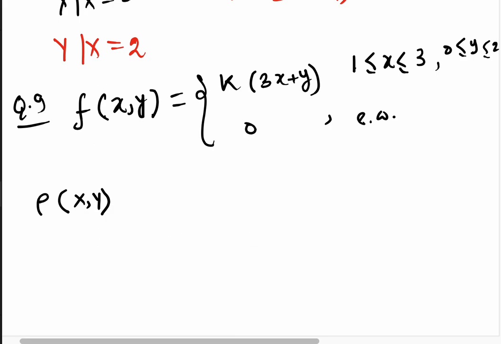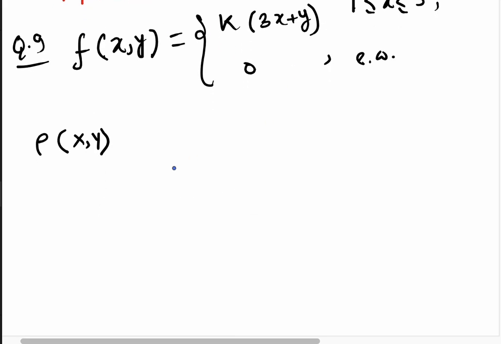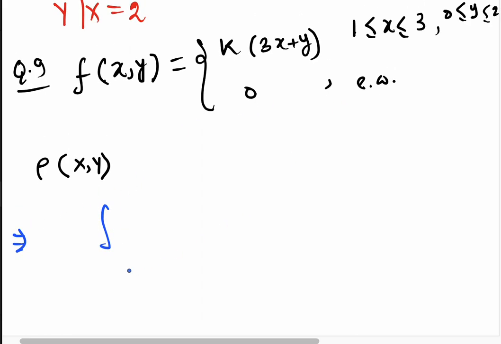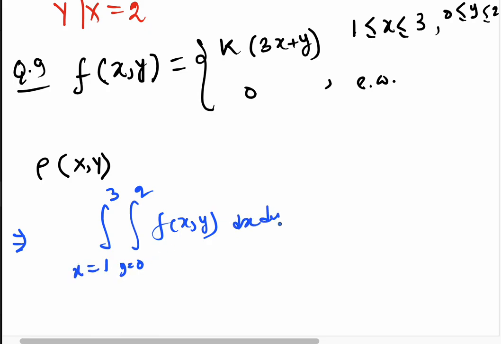So first we will calculate the value of k, and we know that if we integrate it out, it's simple integration, 1 to 3 and 0 to 2 of f of x y dx dy should be 1.